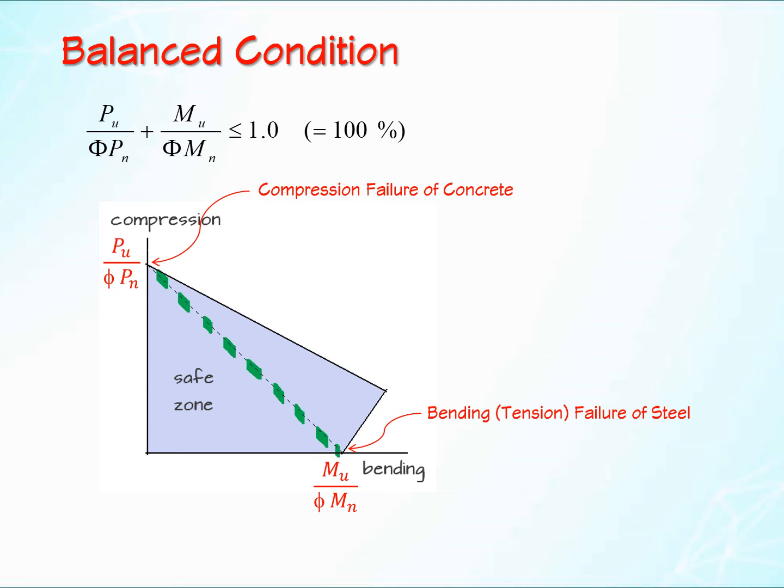You may wonder, what is this part then? Okay, that is the main purpose of this slide. This part again is compression failure, and this point represents bending failure. And we know bending failure is tension controlled. Tensile stress in the steel will exceed F sub y.